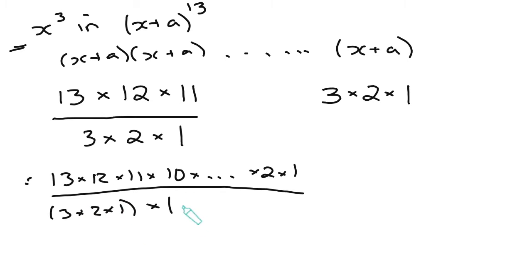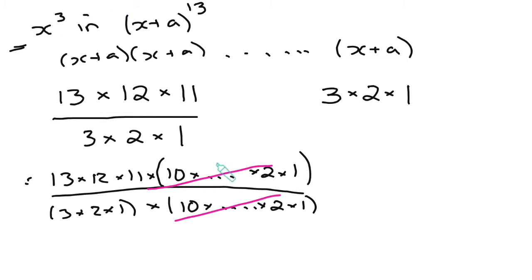And then I need to cancel out all these terms. So I hope you can see that this bit here is the same as this, because we can cancel these two things out. So that will cancel with that, and we're left there.